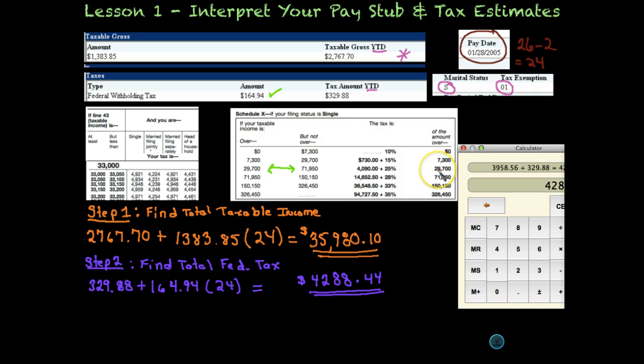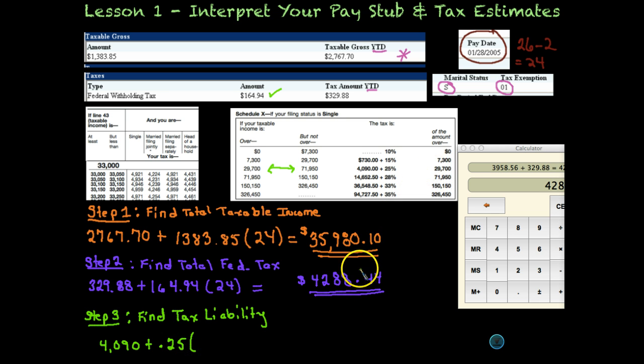That then brings us to step 3. We need to calculate this person's tax liability. Using the table to help us make an algebraic expression, we know they're going to owe $4,090 plus 25% of the amount over $29,700. Well, we're projecting this person will earn $35,980, and I'm going to round.